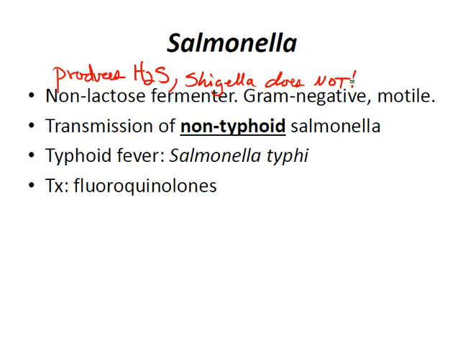Now the transmission of non-typhoid Salmonella is via contaminated food and water, like eggs and poultry.